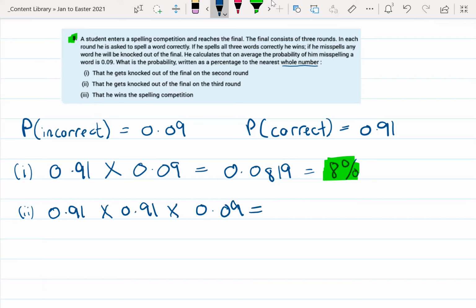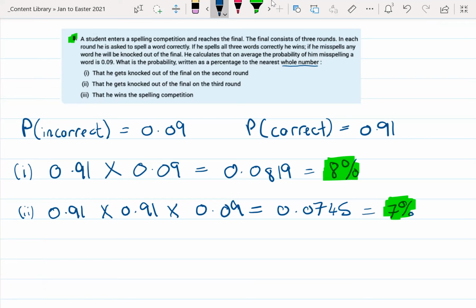Okay, multiplying out all of those, we get 0.0745. Change that to percentage by multiplying by 100 and then getting it to the nearest whole number, 7%. So there's a bigger chance actually that he will be knocked out in the second round. Just about 1% difference.